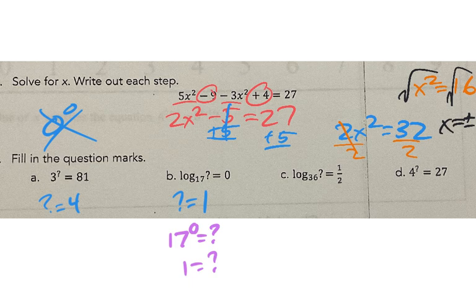You know how to undo things to get x by itself. Essentially, here's my x. This is my unknown. Whenever the unknown is stuck in the argument, we rewrite it into exponential form. So this would look like what? 36 raised to the 1/2 power equals question mark. And now what is 36 to the 1/2 power?